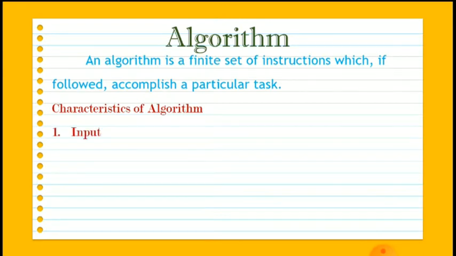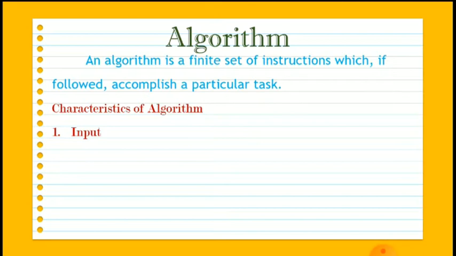So the first characteristic is input. Algorithm starts with a procedural step to accept input data. Therefore, algorithm must accept one or more input data to be processed.